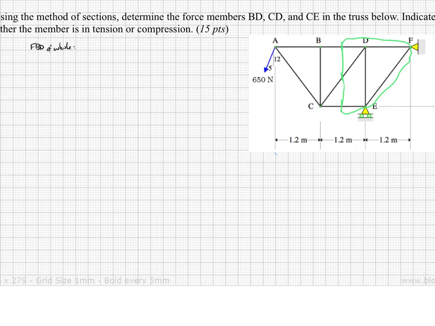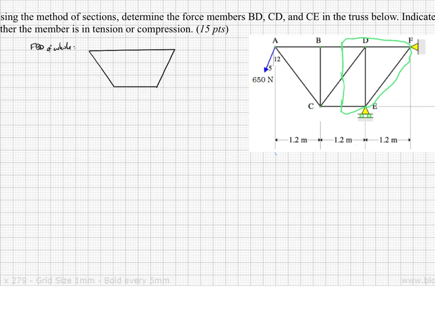Okay, so the whole, and we're not going to get really into the details here because there's really no need for that. I am going to use my trusty ruler here because I like that kind of stuff. Right, and this is not going to be a great drawing, but it doesn't really matter. And so I'm going to draw the forces.